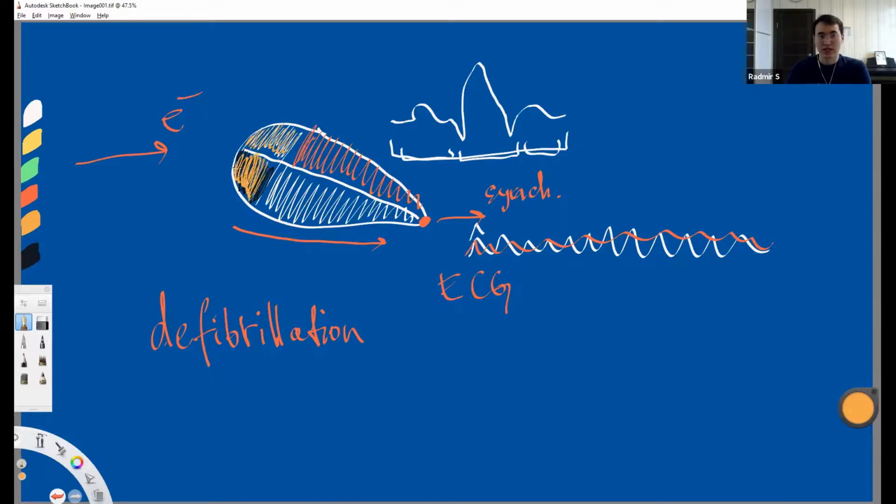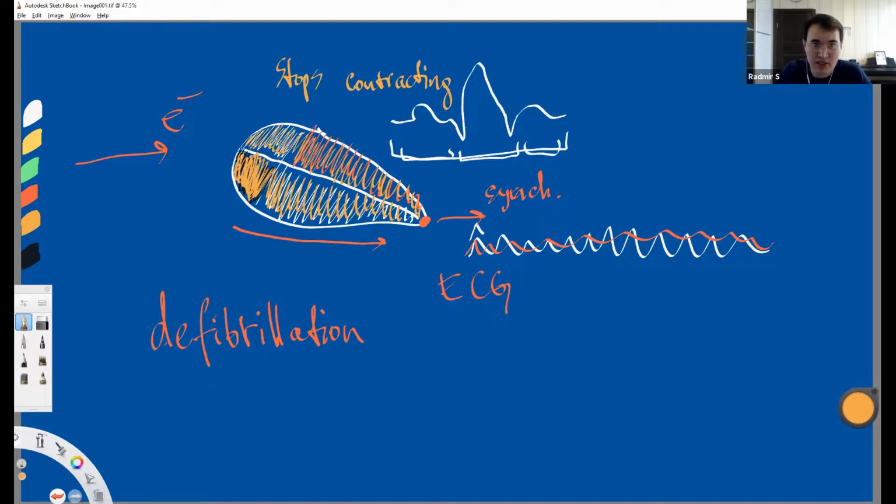So how we do that, we just give this controlled depolarization of all cells in the heart, and we give it with this electricity. So at this point, our heart stops moving or stops contracting.